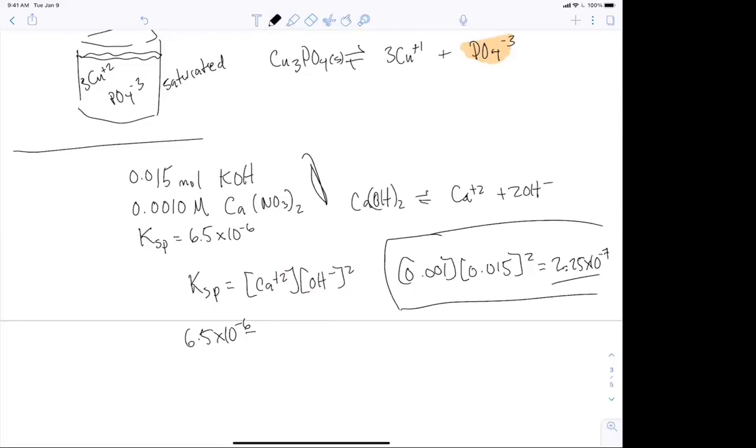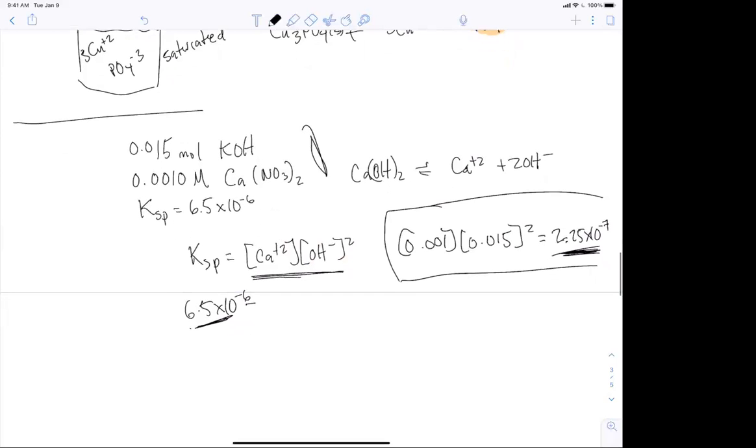Everything stays in solution. The KSP sets sort of the solubility limit. As long as the concentrations in this expression are less than that, then you're fine. It's not until you get above this number that you start to see some precipitate fall out. For example, if we increase the amount of calcium to where this number is 1 times 10 to the minus 5 or something, then we're going to start to form precipitate.